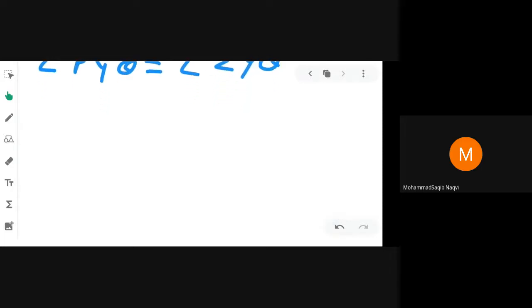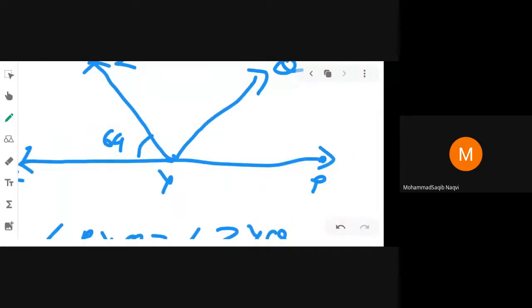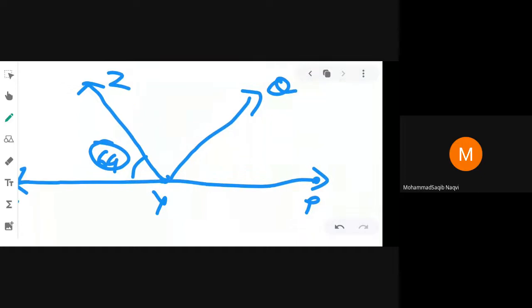First of all, if we consider XP as a line, then we know that on a line the sum of the angles is 180 degrees, because of the linear pair. You can see there are three angles on the line XP: angle XYZ which is 64 degrees, then angle ZYQ, the second angle, and then angle QYP, the third angle.